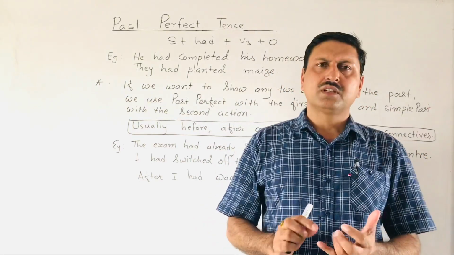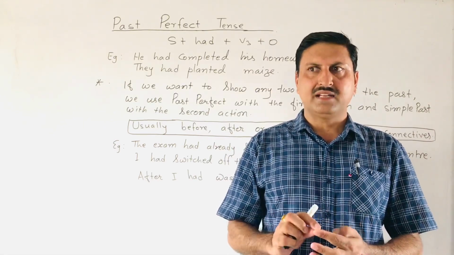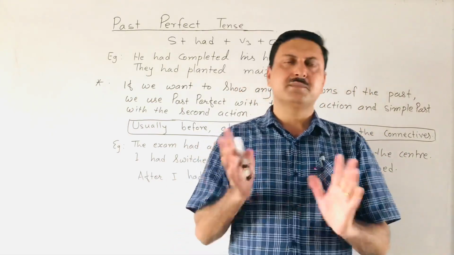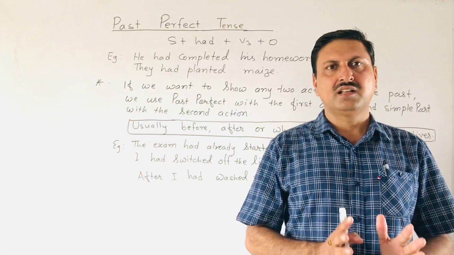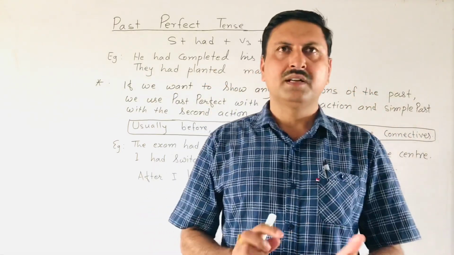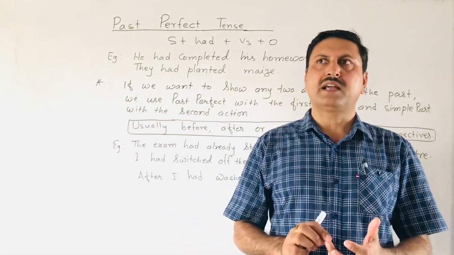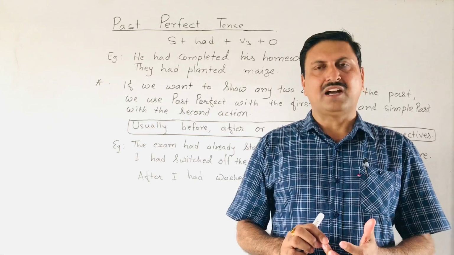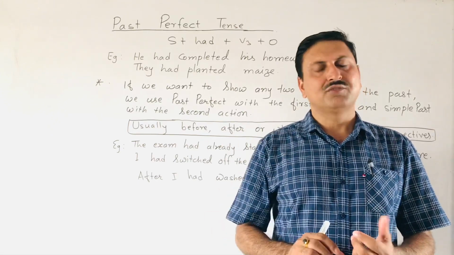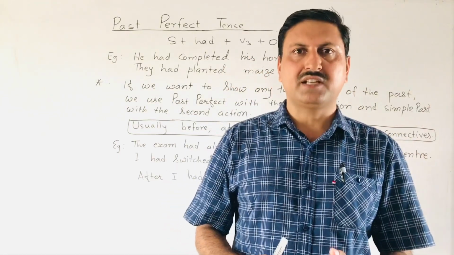If we use before, after or when, and use past perfect tense with the first action and simple past tense with the second action, the listener does not get confused. For example, I had washed my hands before I ate rice. Now, eating rice is the second action and washing hands is the first action. This is how we use past perfect tense.